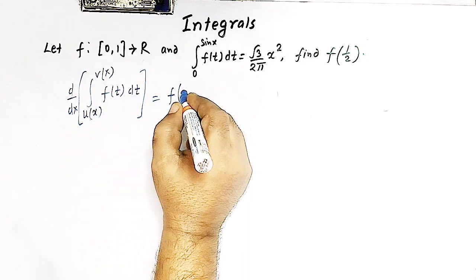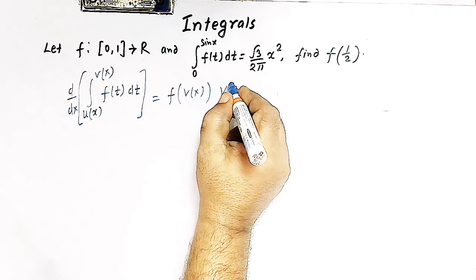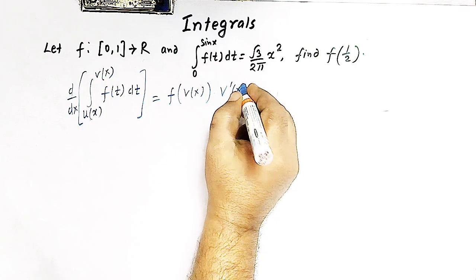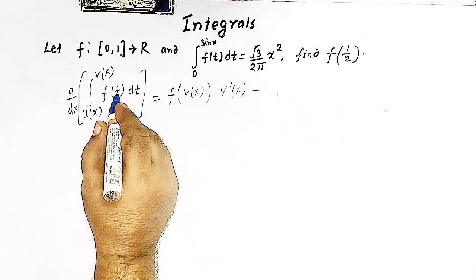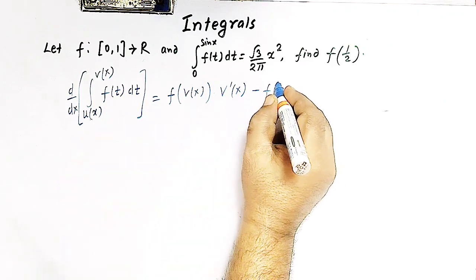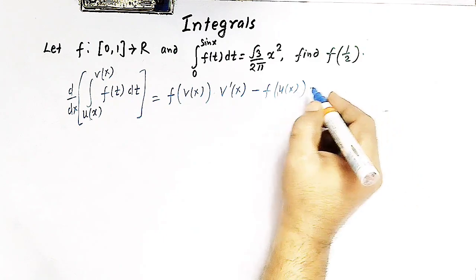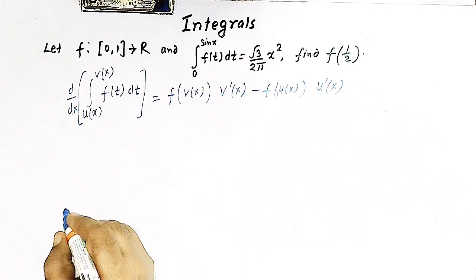So we have f of v of x, and then we differentiate this function v of x with respect to x, then we have a negative sign, and then we replace this t by u of x. So we have f of u of x, and then we differentiate u of x with respect to x, right?